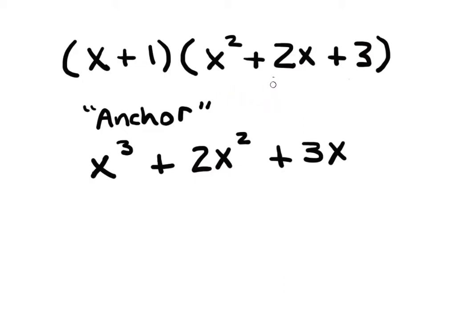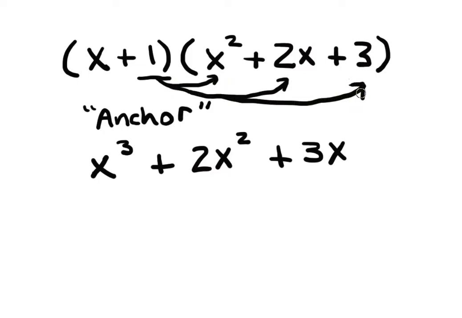Let me change back to my pen real quick. So I underline this, and I draw my arrows again, once again starting with the anchor polynomial and multiplying each term by every single term in this polynomial.